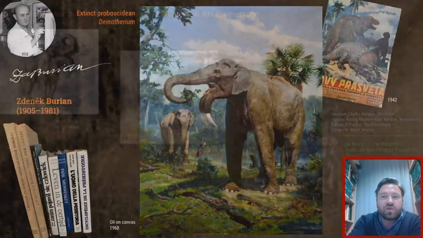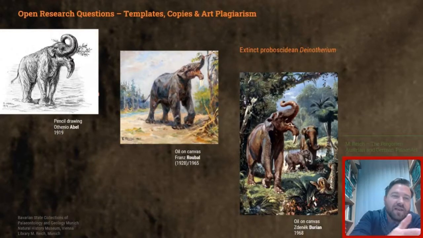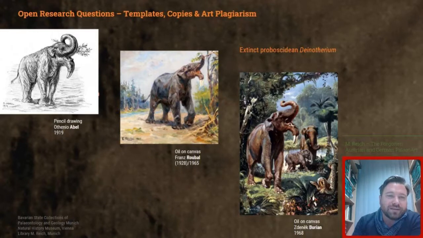To conclude my short journey into Austrian-German Palaeoart of the early 20th century, there are still several open research questions. The first is related to templates, copies, and art plagiarism. As you can see here, the nice line of starting with Abel over Rubal to Burian with the same subject, the extinct proboscidean Dinotherium in Miocene landscape of Europe.